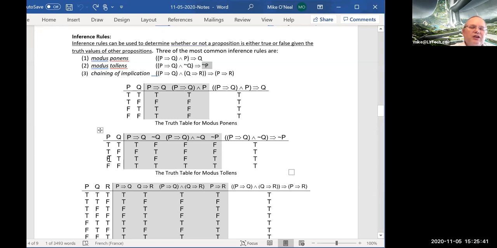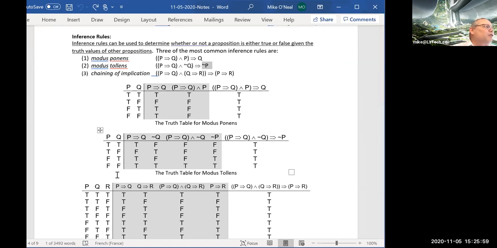Well, in that case, it can go either way, because it could be either true or false.